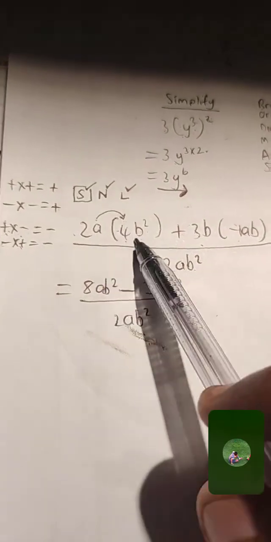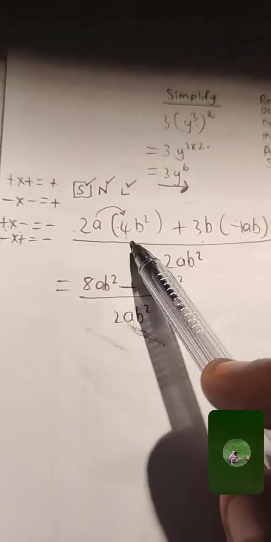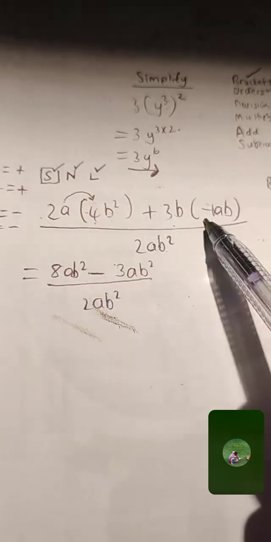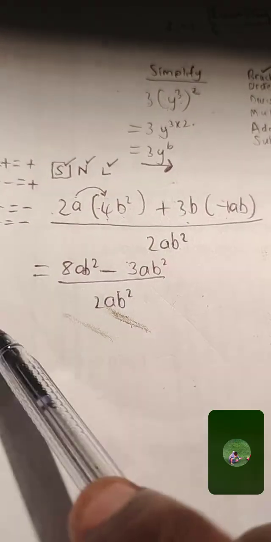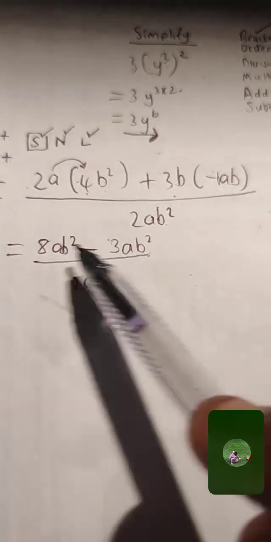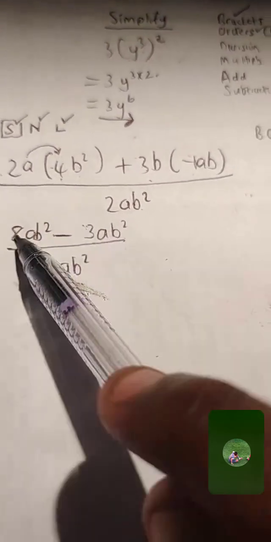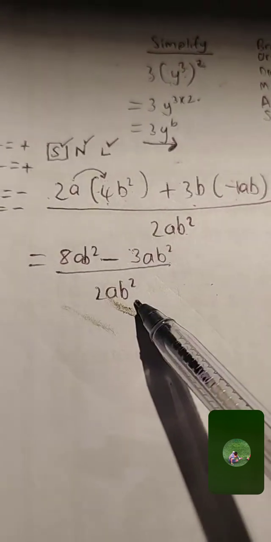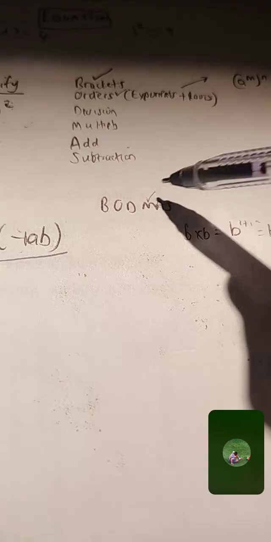Now that I've finished the multiplication, I've got one term, which is 8ab squared, and the other term, which is negative 3ab squared. What kind of terms do we call the terms in the numerator? Now that we've multiplied, what's the next thing?